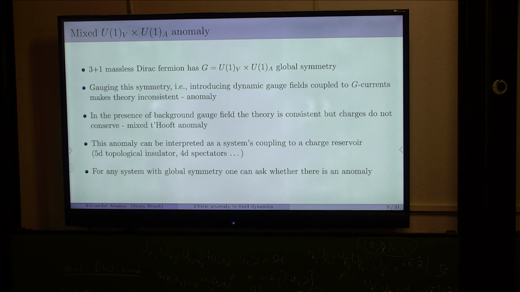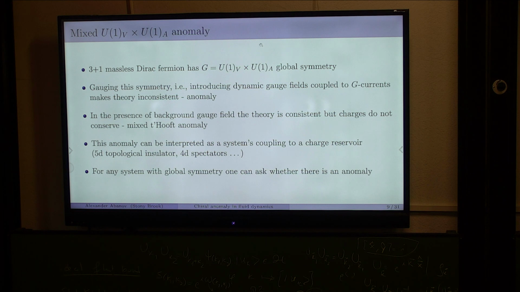We saw that you can see the anomalies, the conflict between some two conserved symmetries when you try to gauge them, already at the classical level. So you don't really have to say that it comes from the determinant, from the Jacobian of the measure in the quantum path integral. We're already working at the level of effective field theory, so it's already taken into account.